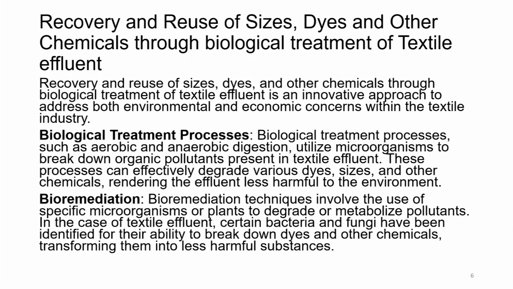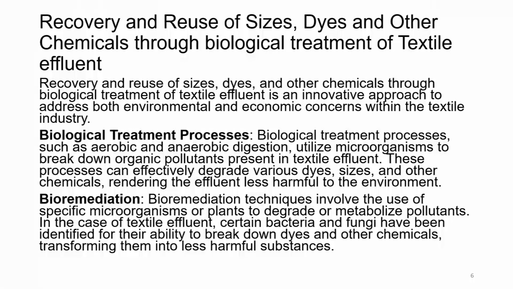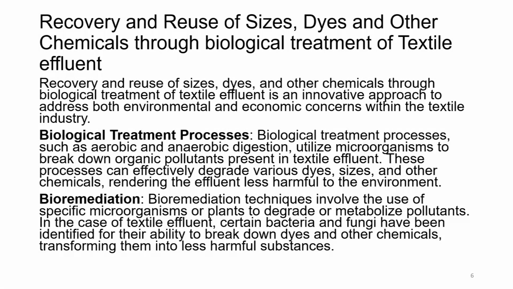So, it is not that only chemical methods or filtration methods can help recovery. Even biological treatment processes, where it can be aerobic or anaerobic, both processes can also be used for the recovery of sizes, dyes, etc.